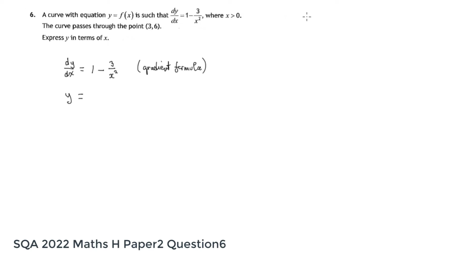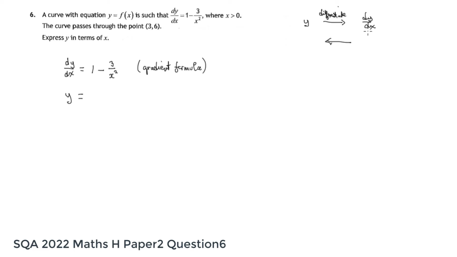So we're trying to go not from y to dy by dx, which we know is differentiation. We differentiate to do that, to find the gradient. We're doing the reverse. We're going from being given the gradient formula to get back to try and find the curve formula.